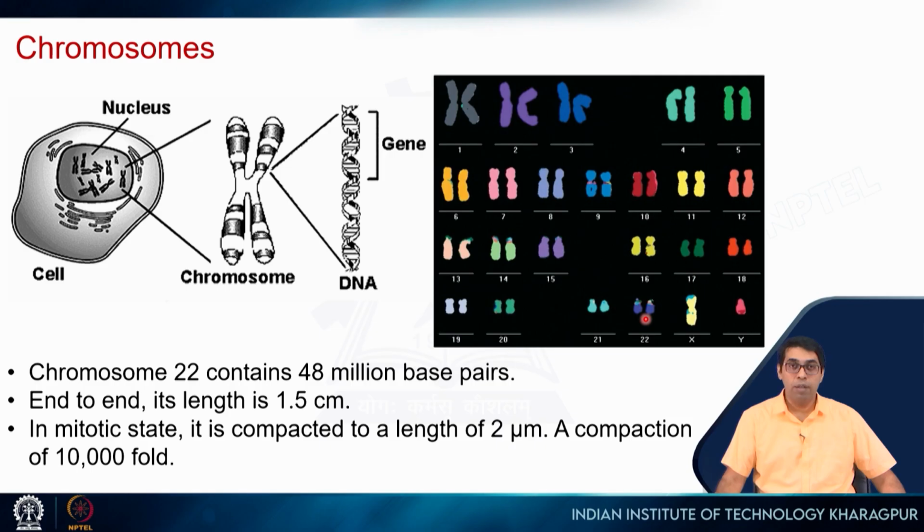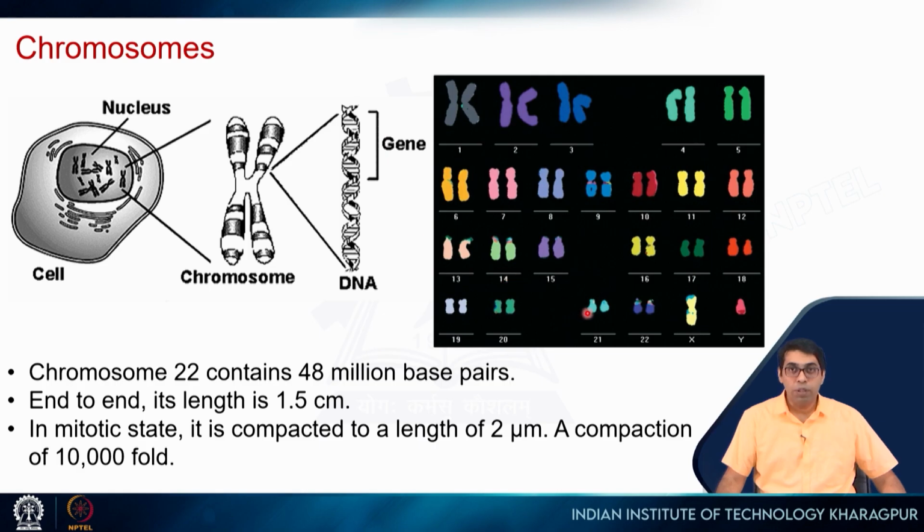It turns out that one comes from each parent. The sex chromosomes are different, one is X, the other one is Y. So, if an individual has both X chromosomes, that will be a female. If one is X, one is Y, that will be a male. I will discuss this in more detail in the third lecture.